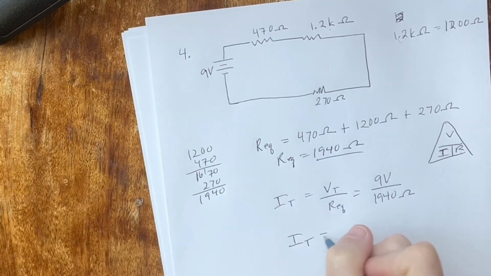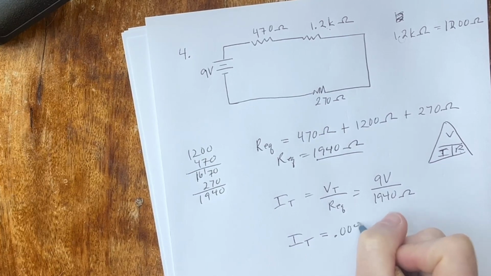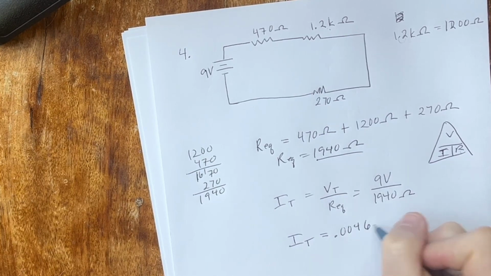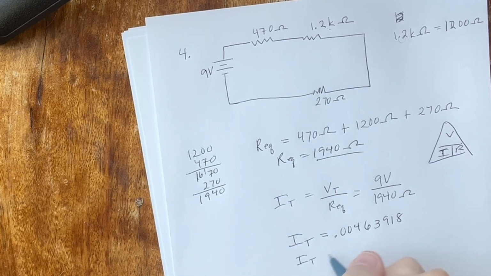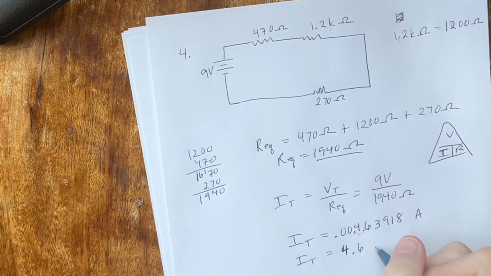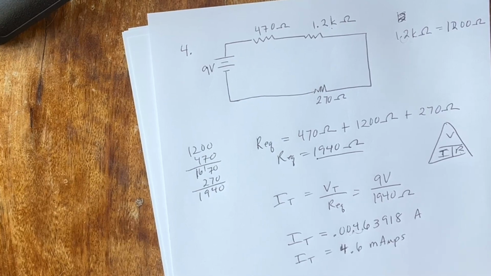The total current is equal to 0.004633918. But we have to make sure that we're doing proper sig figs and engineering notation. So we're going to go 1, 2, 3. It's going to be 4.6 milliamps. 4.6 milliamps is my total current.